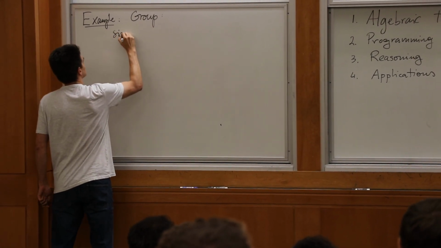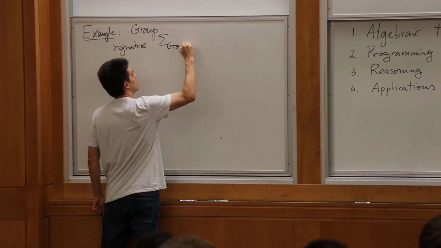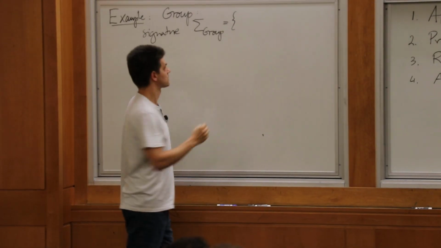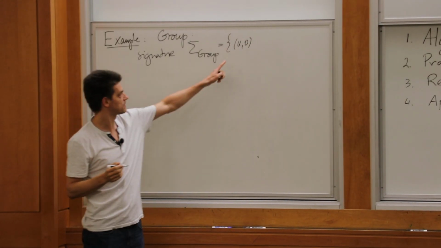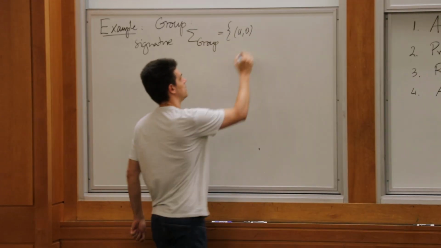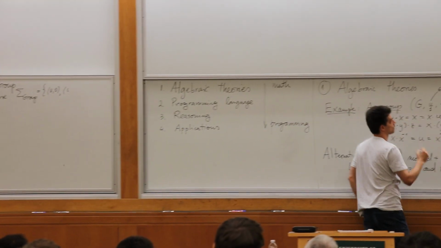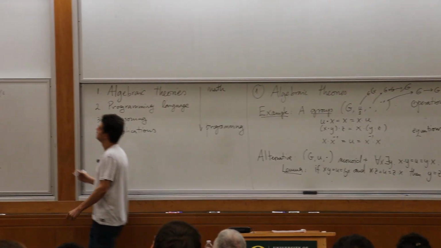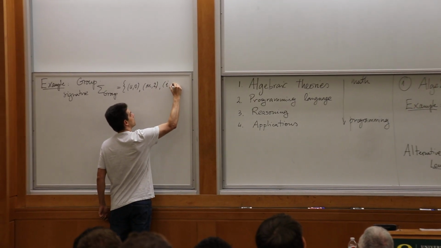The signature, Sigma_group, it has to have three operations, yes? So u, 0, because it has a signature, so it's an operation symbol, and then it's an arity. Now, I don't want to use these fancy mathematical symbols here. Okay? If I want to adhere to this kind of syntax, now I have to rename these ones. So I'll call them m for multiplication, and it's binary, and i for inverse, and it's unary.